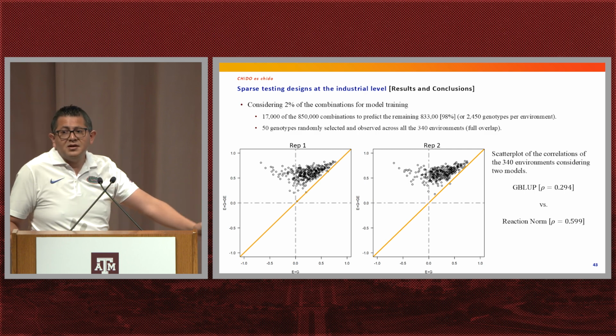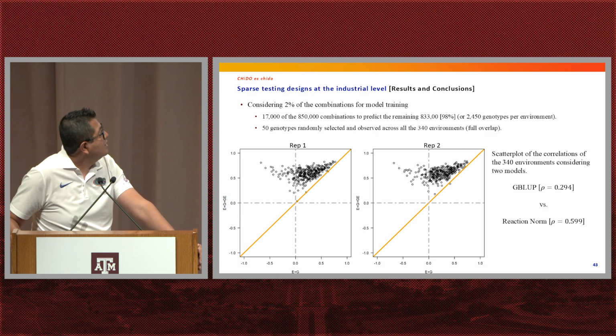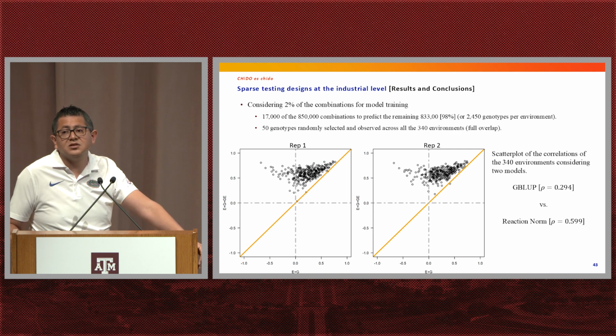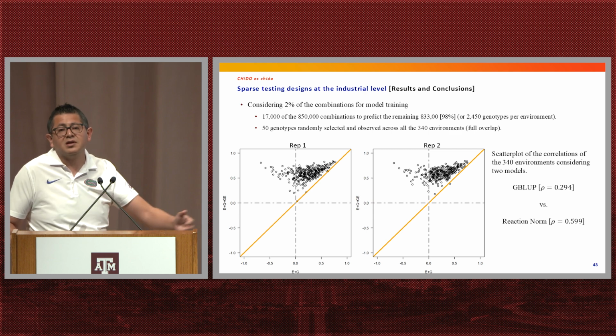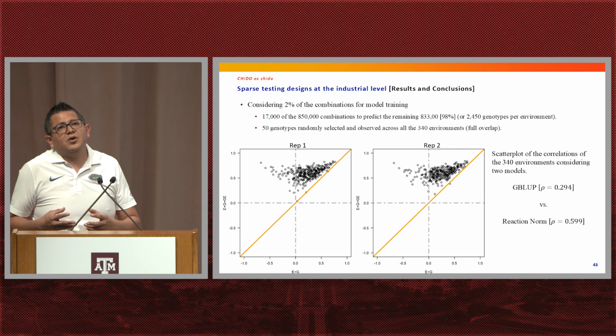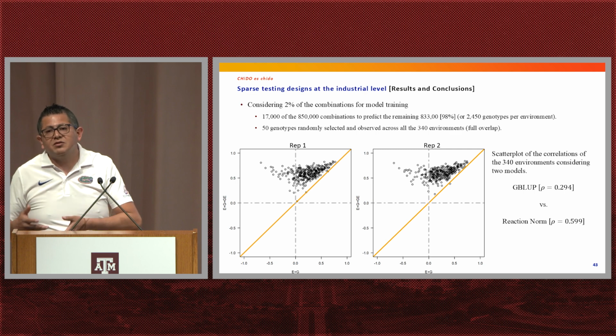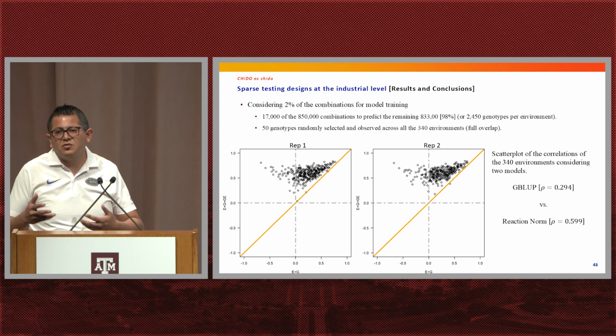We have a correlation of 0.294 with the G-block model and almost 0.6 with the G-value model. We keep improving. We were a little surprised because we are observing just 50 genotypes. Again, it might be the case that we don't have a snot seed, so the results were not that different from the previous one, right?